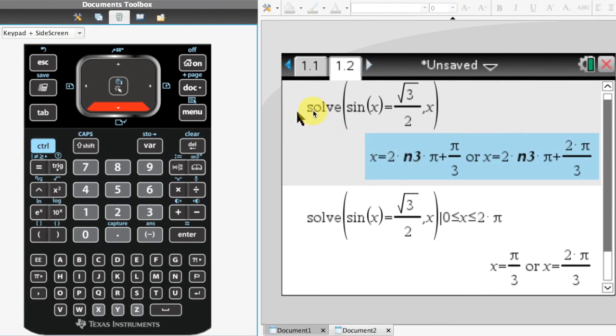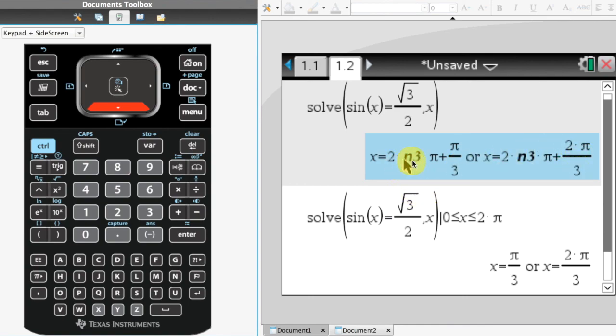This also makes our initial solution for this really clear. So the angles that satisfied sine of the angle equaling square root of 3 on 2, when we did one forward revolution of the unit circle, were pi on 3 and 2 pi on 3.